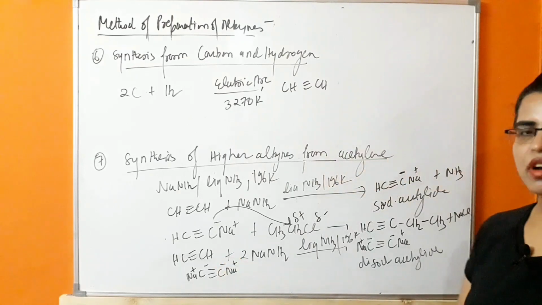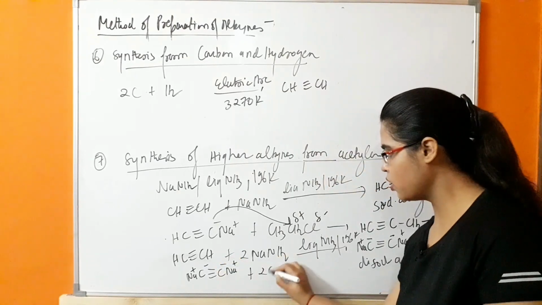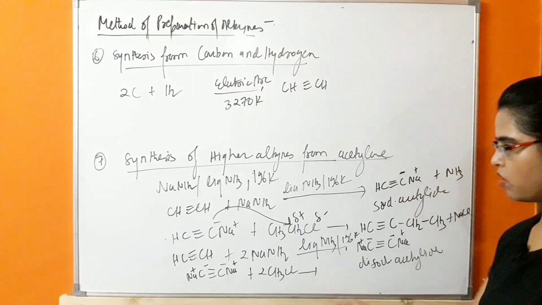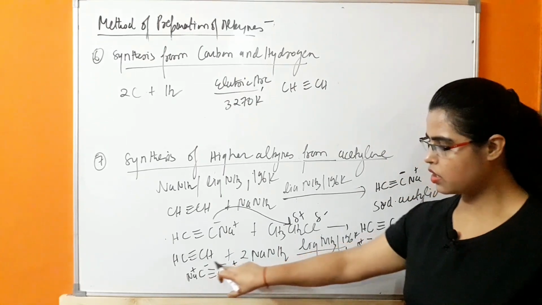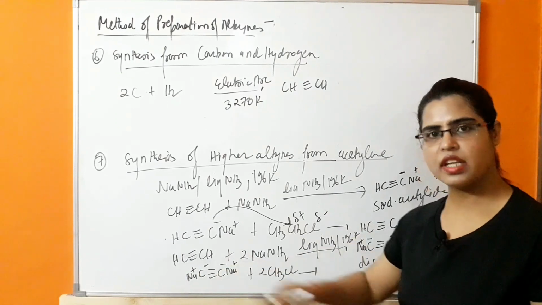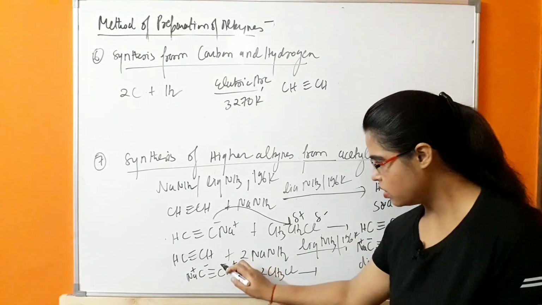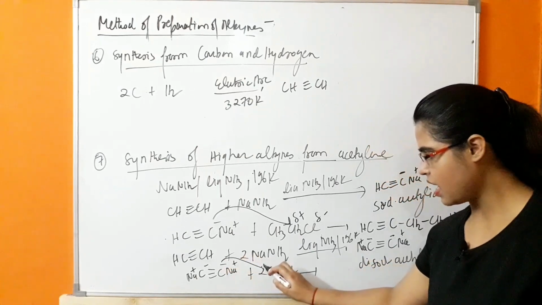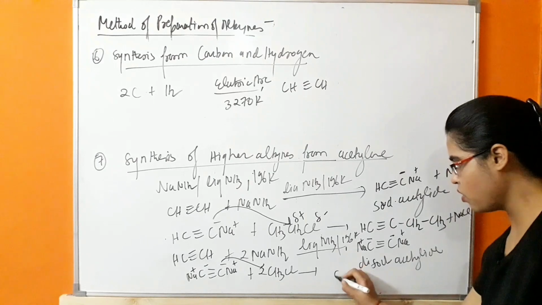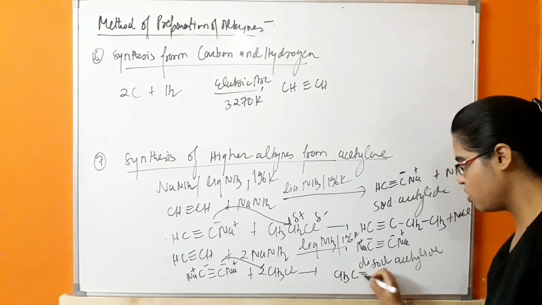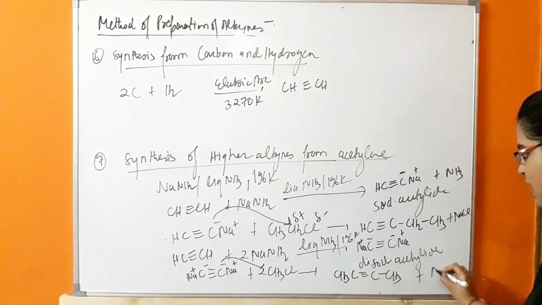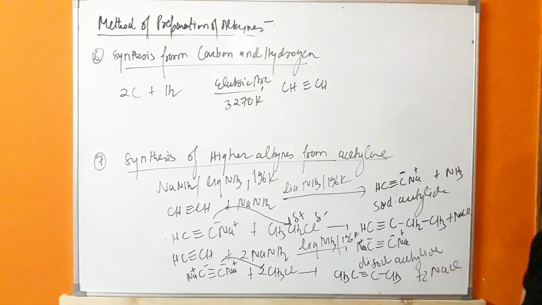So this compound will further react with two molecules of CH3Cl. Because in this case there are two carbanions, each CH3 will be attacked by a carbanion. So CH3-C≡C-CH3 will be formed, and NaCl is removed.